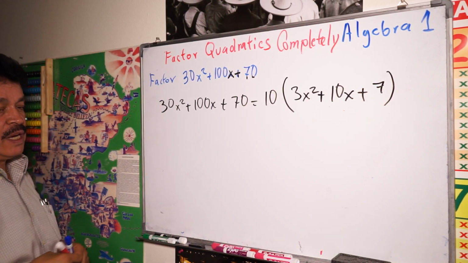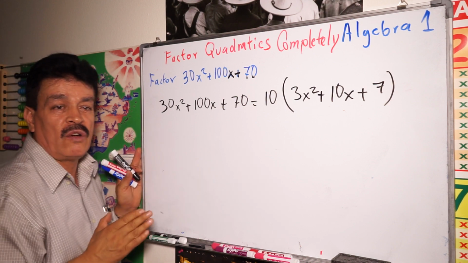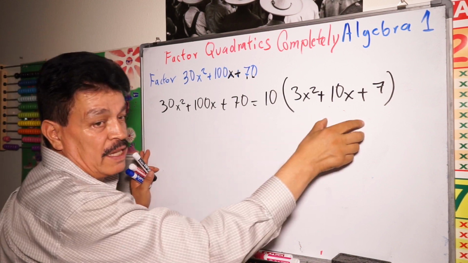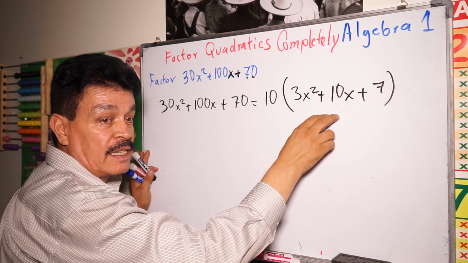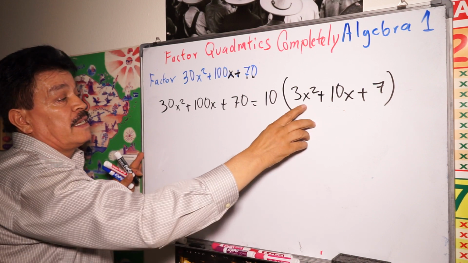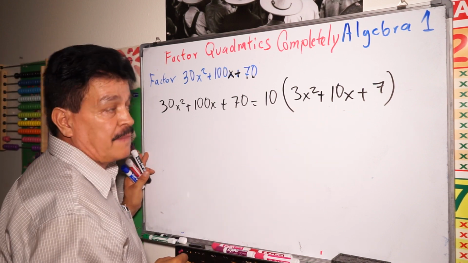So now you have the problem. Next, look at the quadratic inside the parentheses, 3x squared plus 10x plus 7.